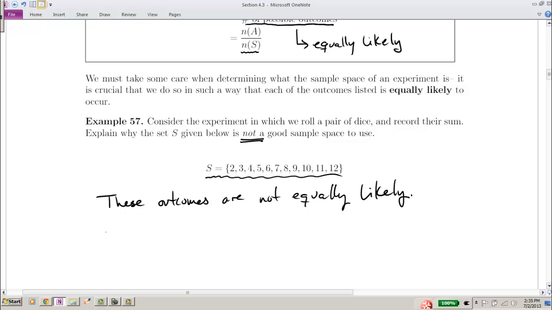For example, if I considered how many ways I could get a 12, there's only one way to get a 12 when you roll a pair of dice.